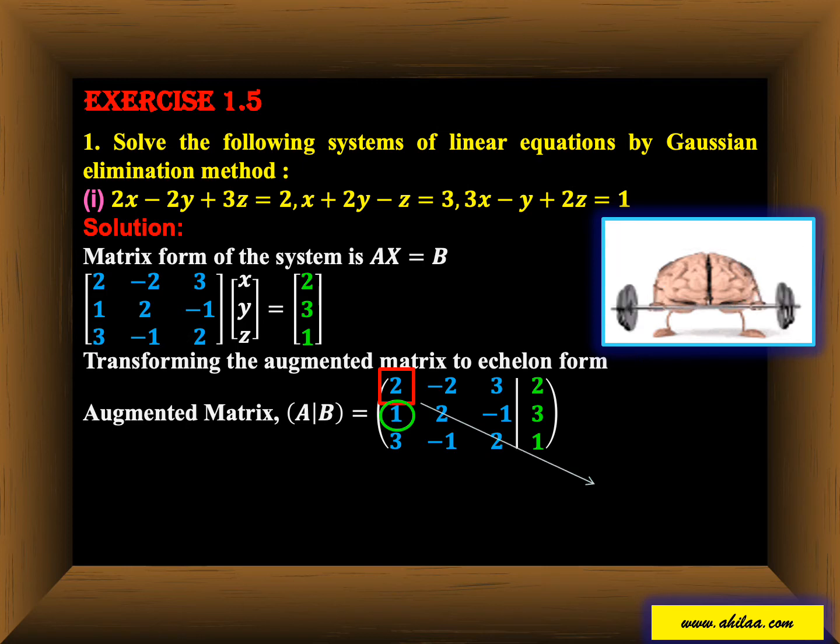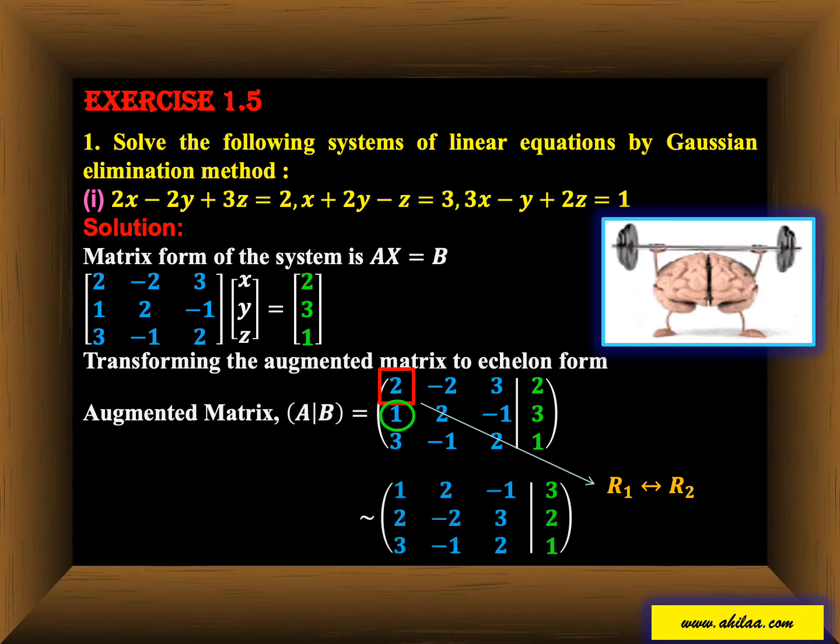So it will be easy for us to make this A11 as 1 by interchanging these two rows. So R1 interchange with R2, we get the first row as 1, 2, minus 1, 3. Second row as 2, minus 2, 3, 2. The third row remains the same.